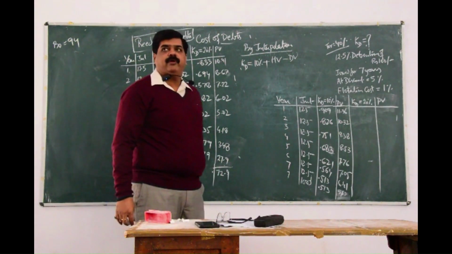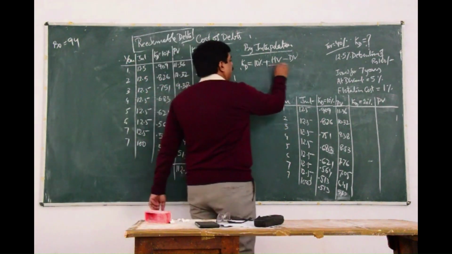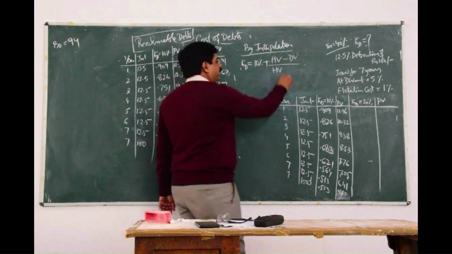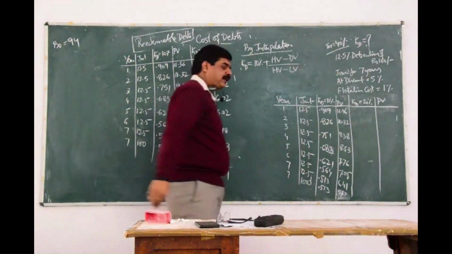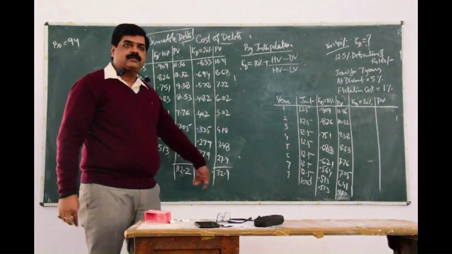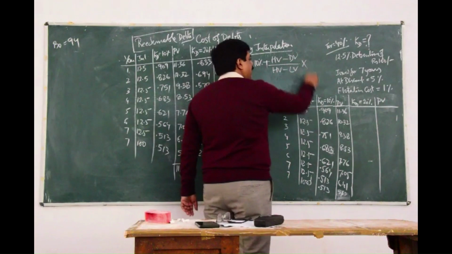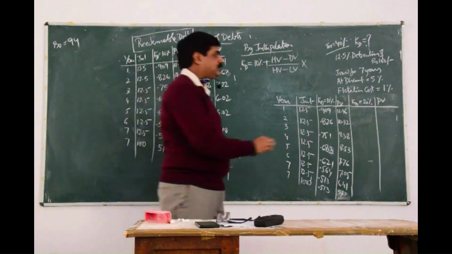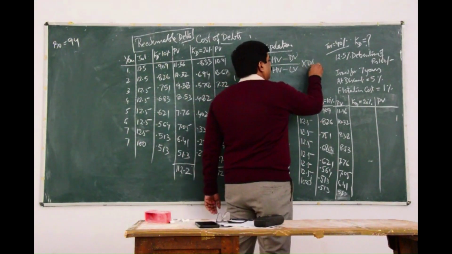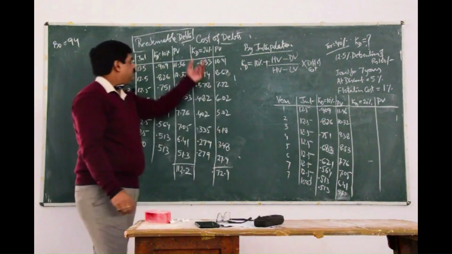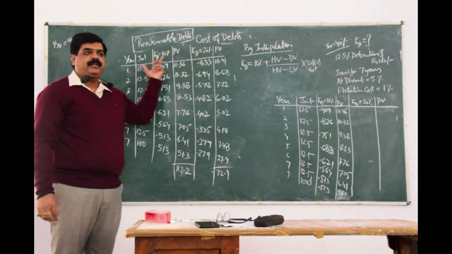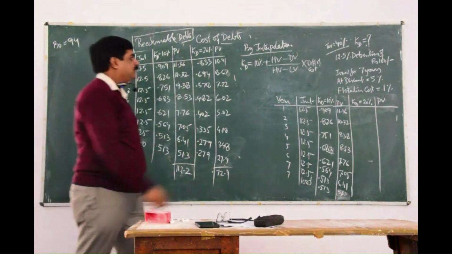Higher is 112.2, divided by higher value minus lower value, and lower is 72.9, and the whole multiplied by the difference of the cost. The cost difference is 10 and 20, 20 minus 10, it makes 10.